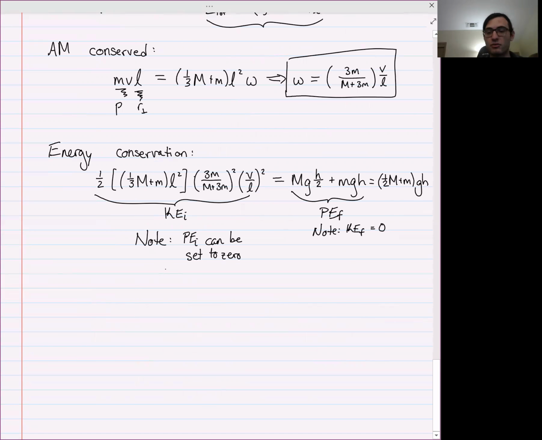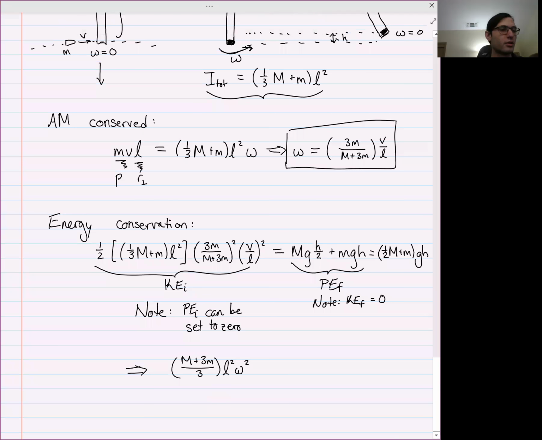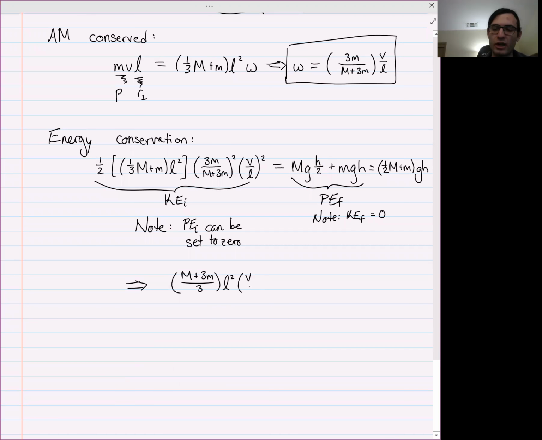After some simplification, we're left with the following formula: capital M plus 3m over 3, times L squared omega squared, which I'll just write in terms of v over L squared, equals M plus 2m gh.